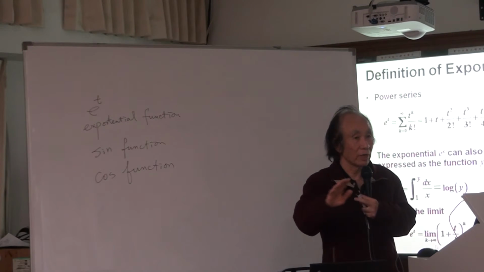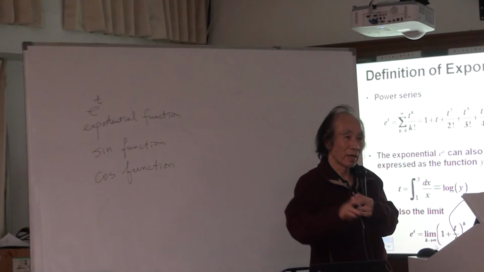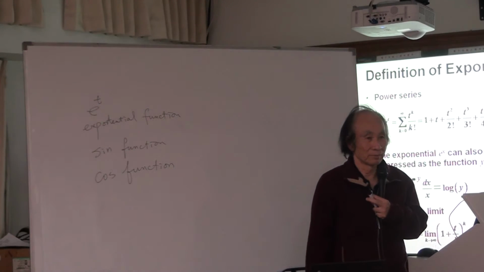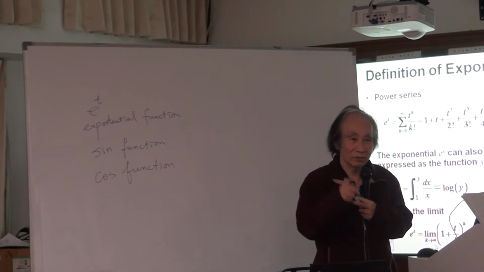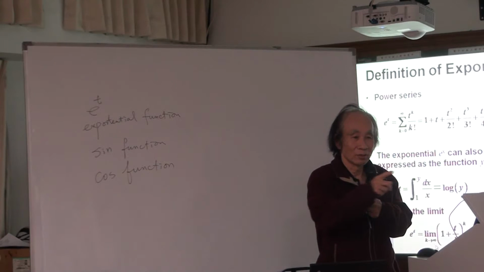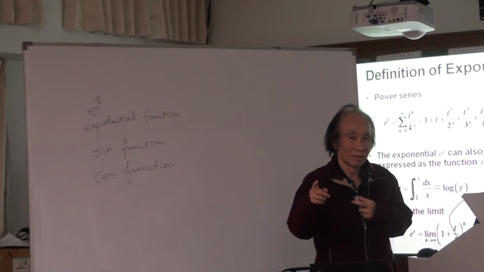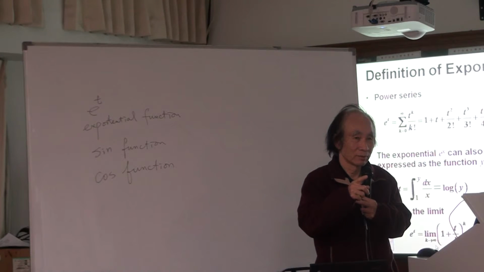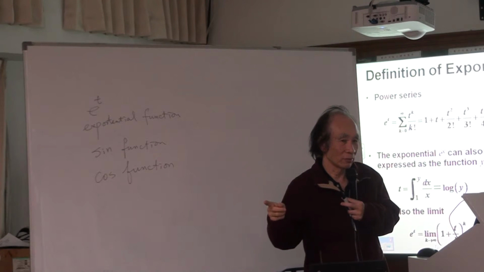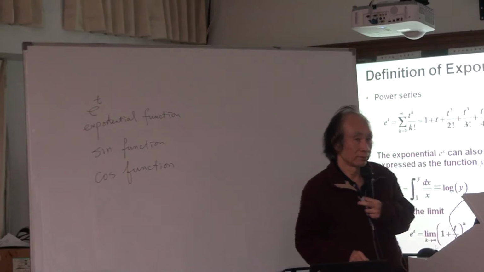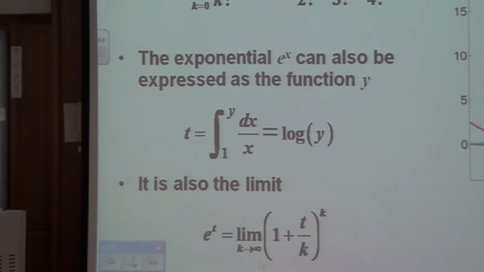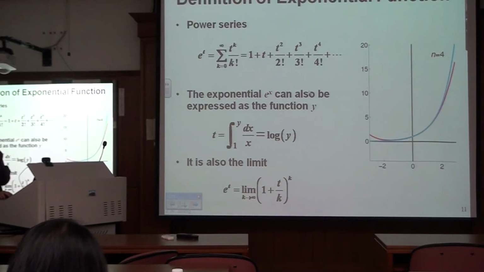But no computer can let you have a term go to infinity. So you have to understand that no matter what you're doing, the solution of your differential equation is only an approximate solution. That's the message I'm trying to tell you.